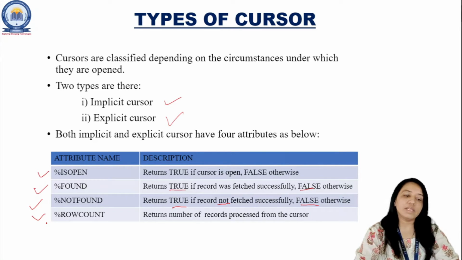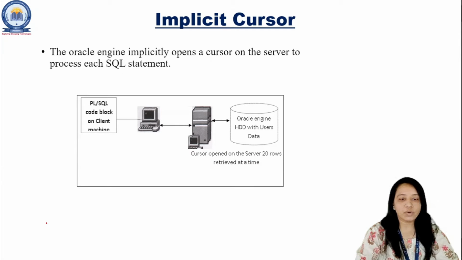Today we'll discuss the attributes related to the implicit cursor, and how they work with the implicit cursor. First, how is the cursor going to be opened when any SQL statement is there? Normally, the statement is written at the client side.